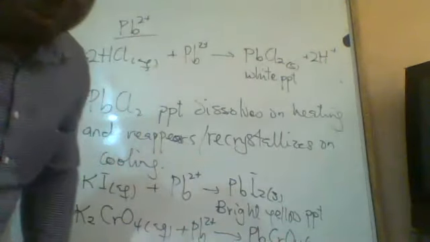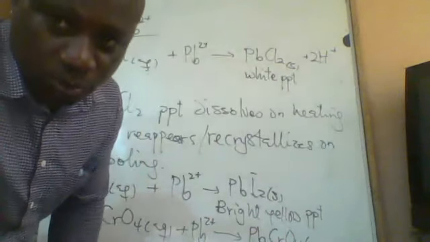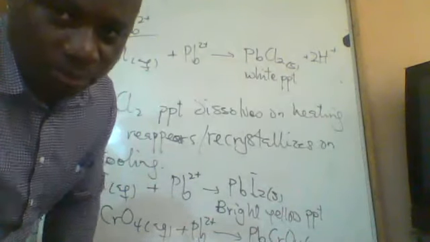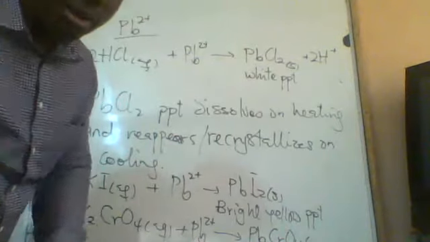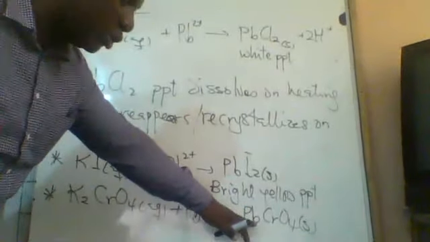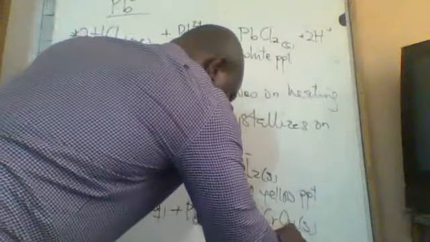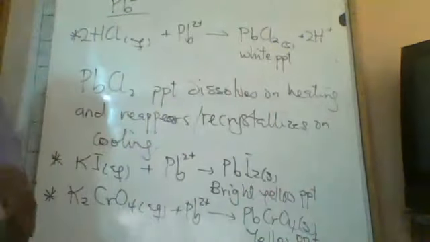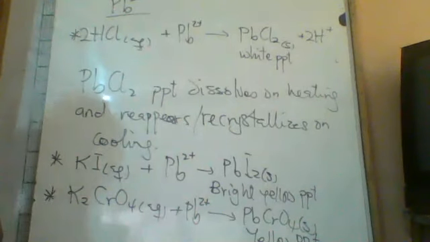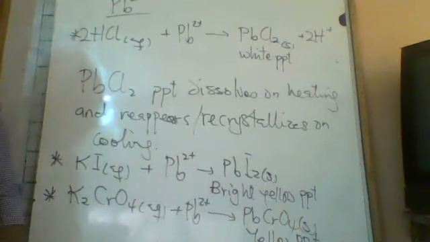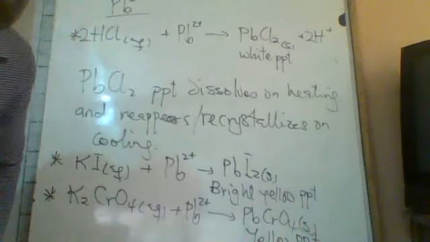The lead chromate PPT is yellow. This yellow is brighter than this. Even though this one too is yellow, there's a great difference between this yellow and this one. So this one too will give us a yellow PPT, confirming the presence of lead.